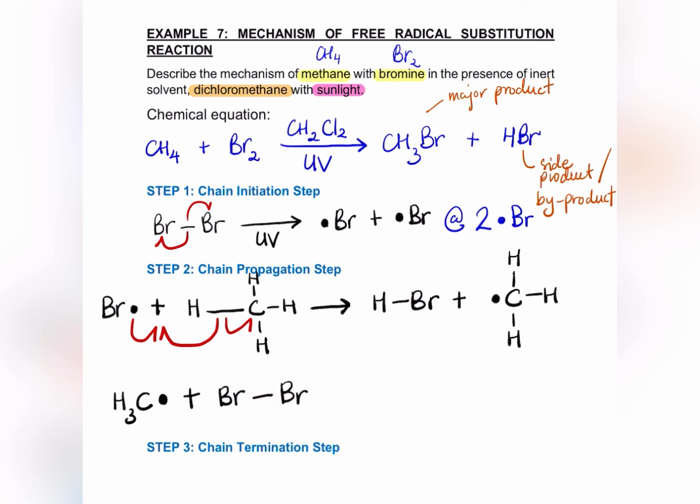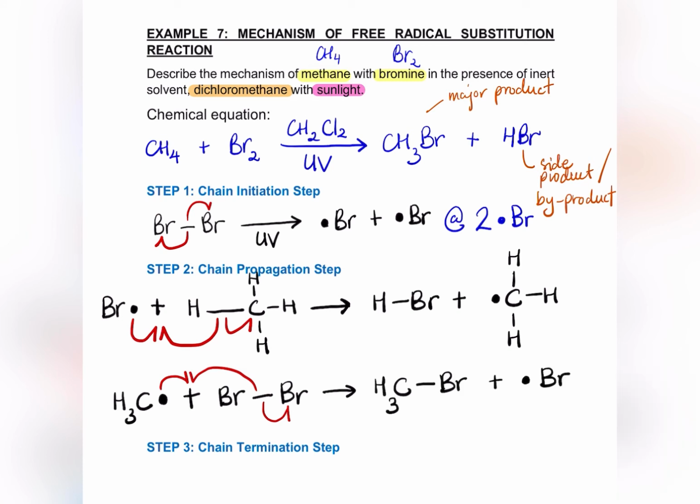So I'm going to take 1 electron from this bond, going to the bromine at the right. And the next one, 1 electron from here, goes to the middle. And this radical goes to the middle. So it means that the CH3 radical will combine with Br, and this bond splits to form one Br radical. So my product will be like this.